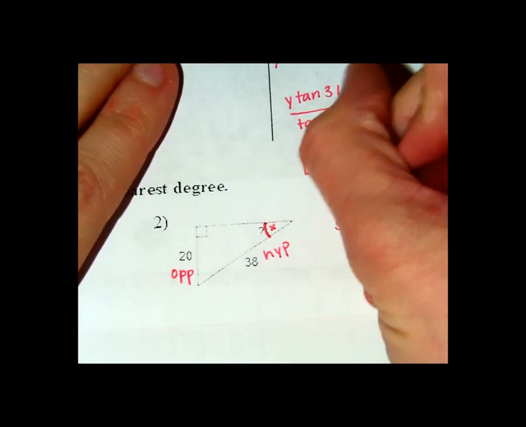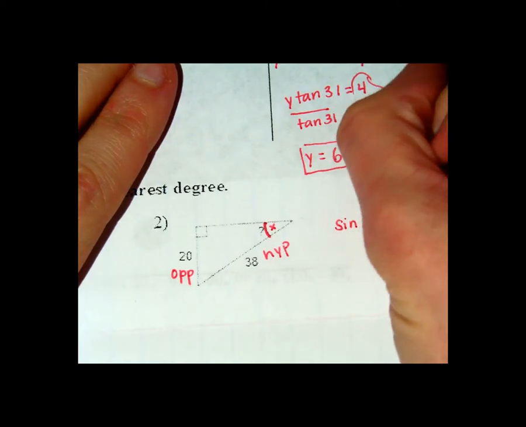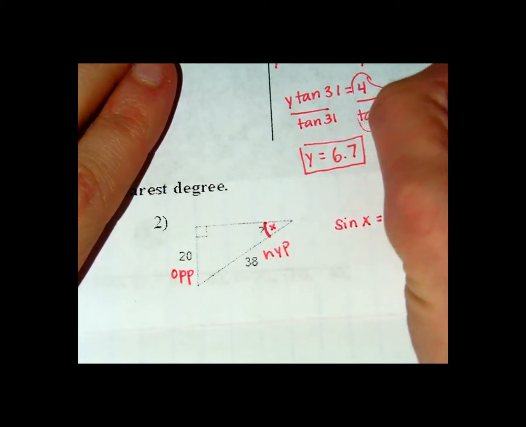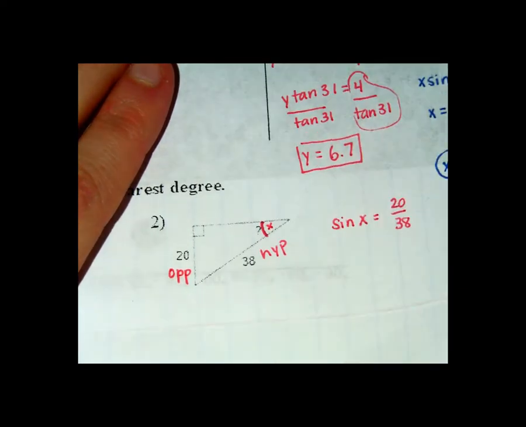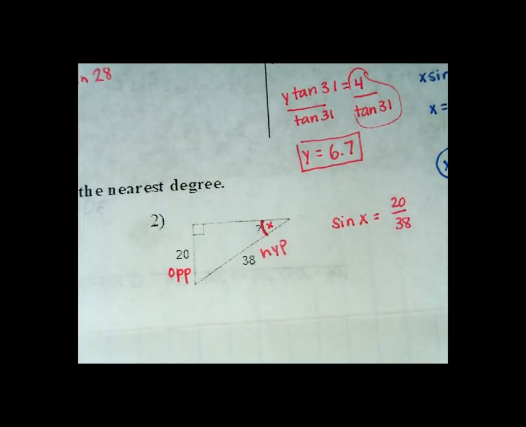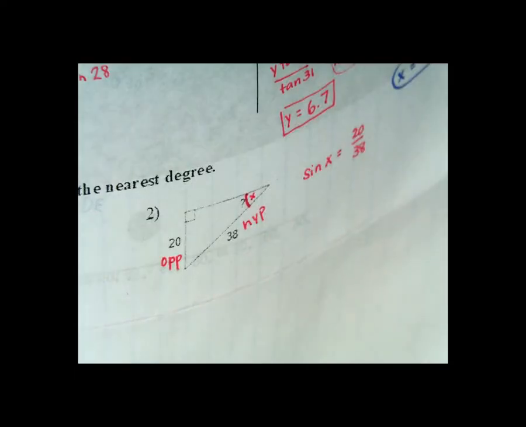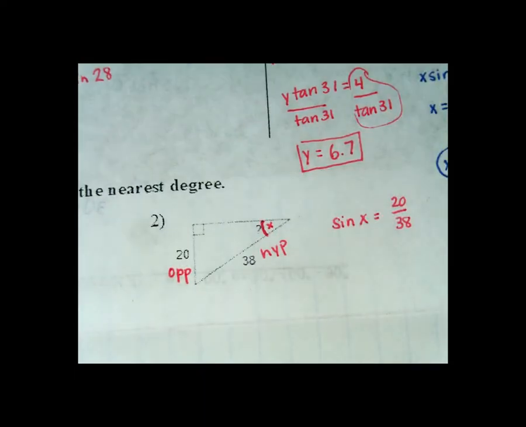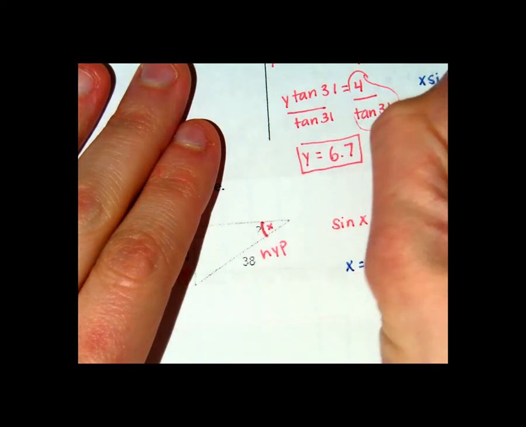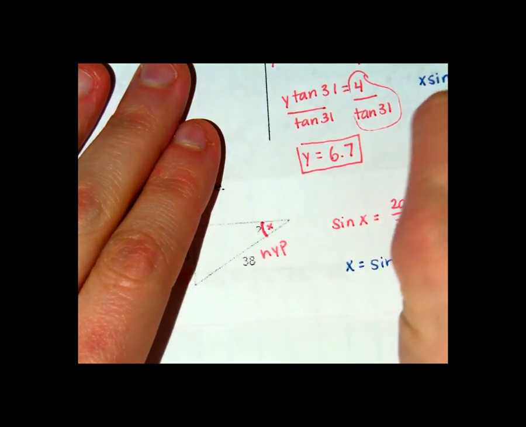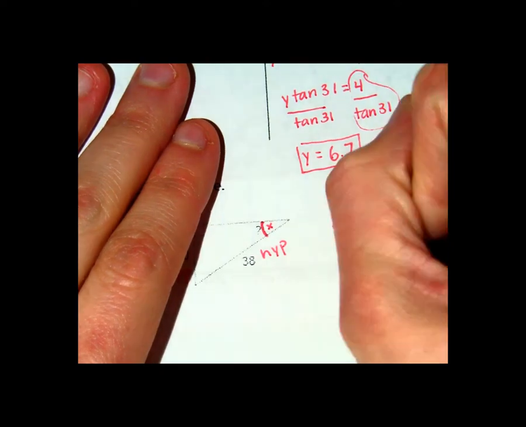So sine of x equals what? 20 over 38. What will you be doing to actually find what that degree is? Inverse sine of 20 over 38. You guys all agree it's 32?